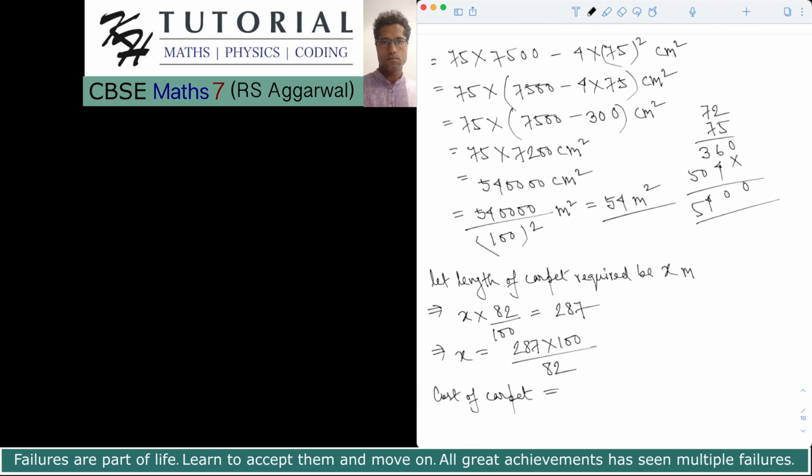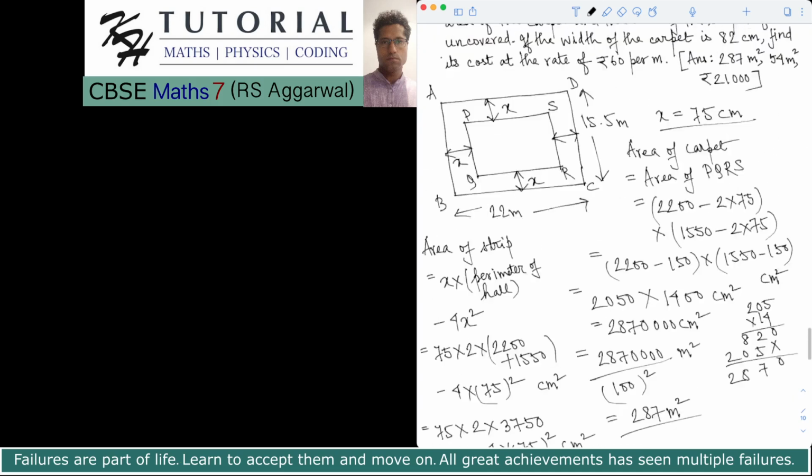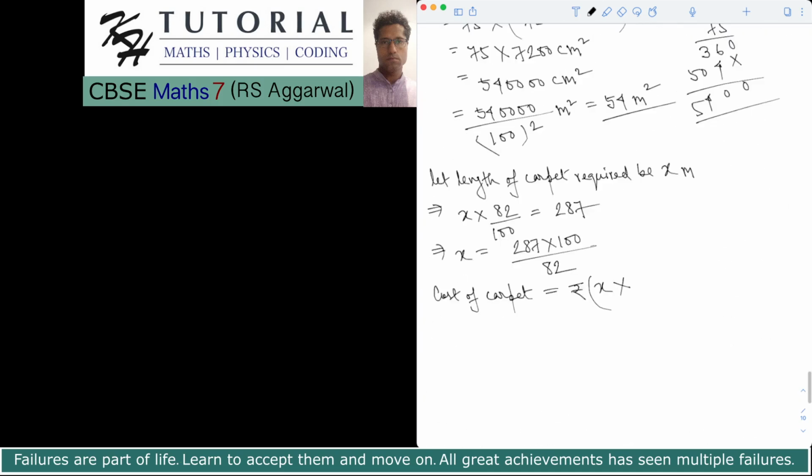So the cost will be rupees x multiplied by 60, where x meter is the length of the carpet required, and we have already found what x is. So this will be rupees 287 multiplied by 100 divided by 82, and then multiplied by 60. Okay, let's simplify this.